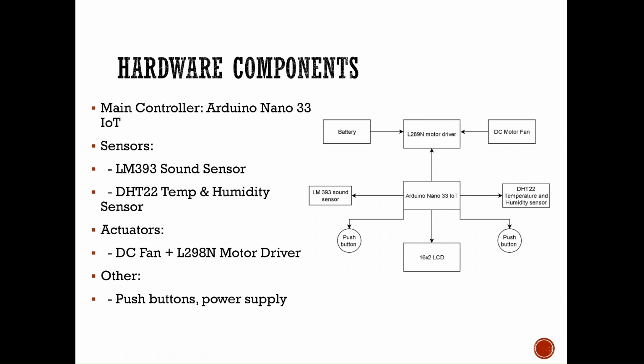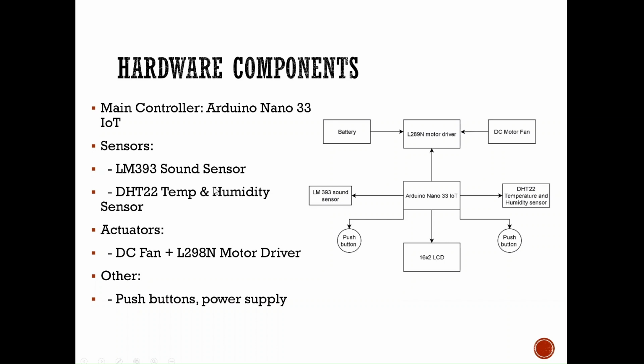So these are the hardware components I've used in my project, and this is the overall system design for my project. The core component of my system is the Arduino Nano 33 IoT, which gathers data from the LM393 sound sensor and a DHT22 temperature humidity sensor.